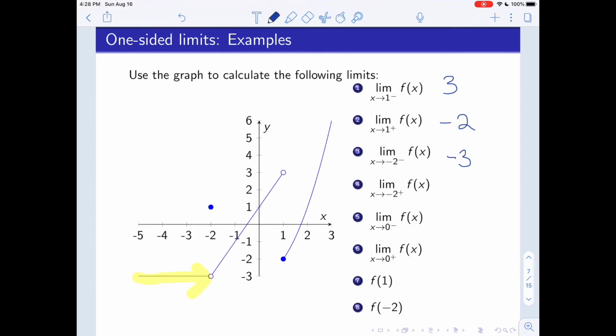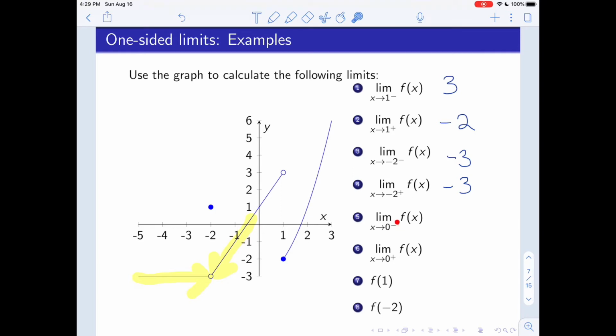If I look at -2 from the right, that means I've got to get this right part but head towards -2. Well, I'm still headed to the same point, so my y values are still approaching -3. So in 1 and 2 we had different left and right side limits, but on 3 and 4 we had the same, and that's because they're headed to the same point on the left and the right. Remember that this one point up here has nothing to do with the limit as x approaches -2.